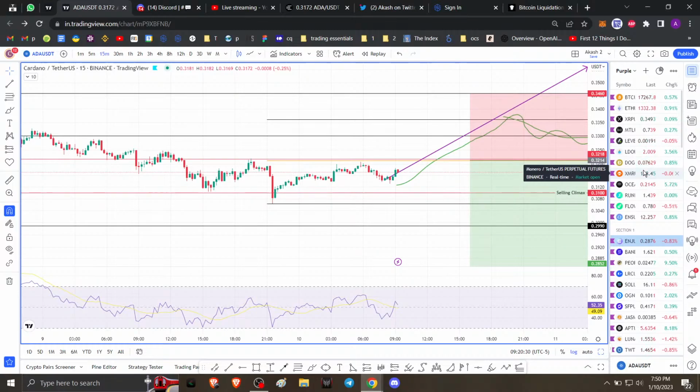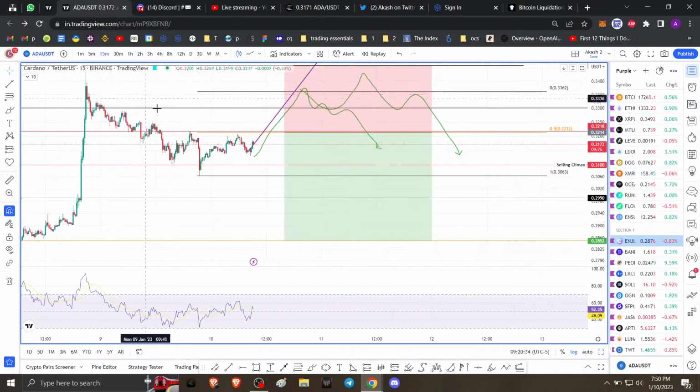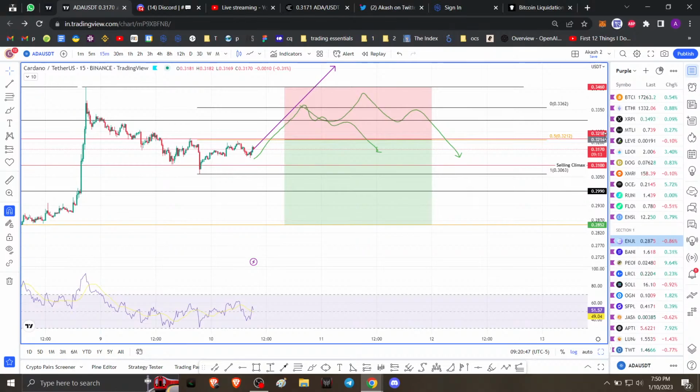And then I'm gonna place another limit at 0.3212 with the same stop loss, 0.346, take profit 0.2852. There we go.